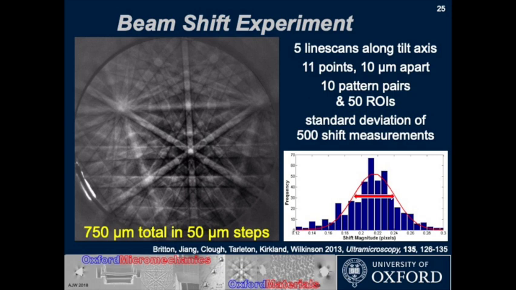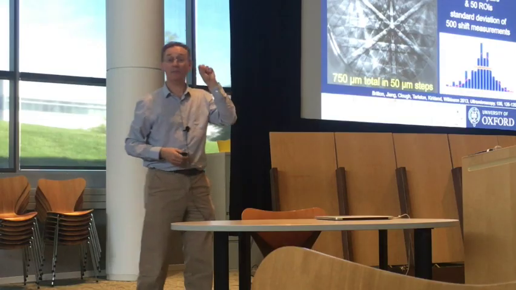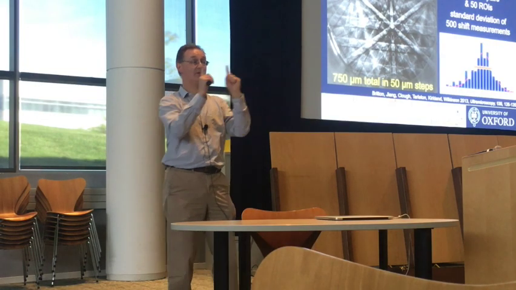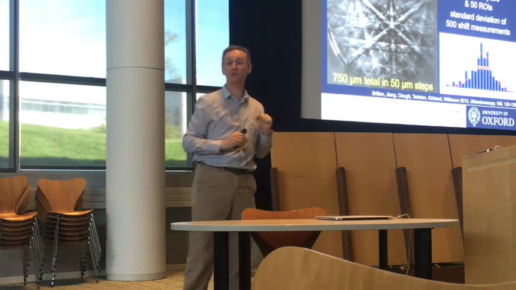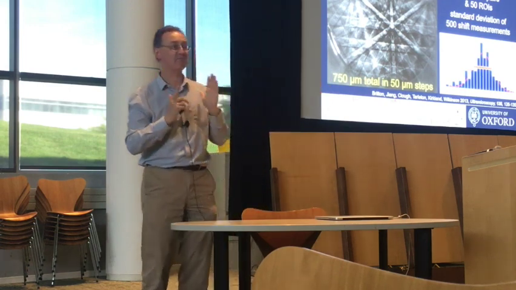If we do that through 11 points, all spaced 10 microns apart, then we can take 50 regions of interest dispersed across the screen, and measure the shift from pairs of those points, which are all the same shift. So everything should give me the same number.